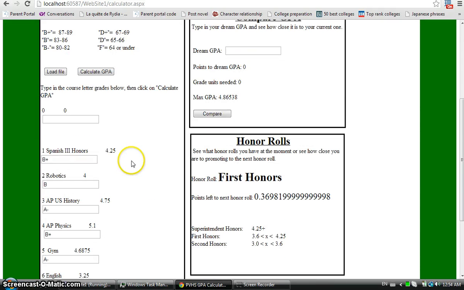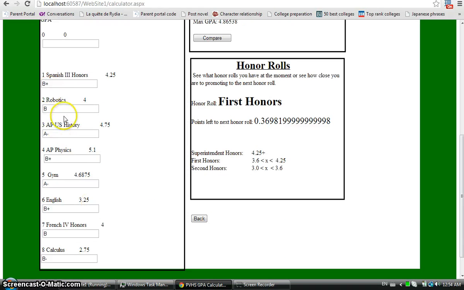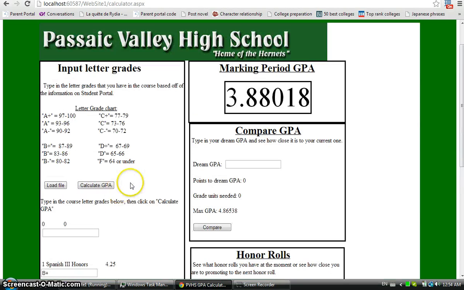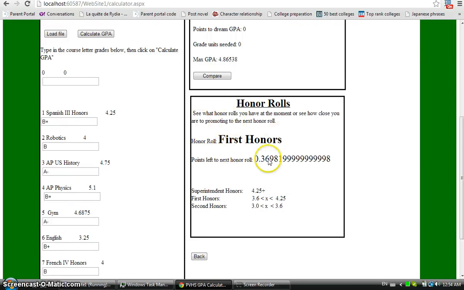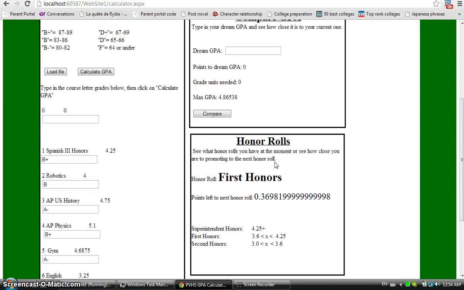Okay, so by typing in random information here, by typing your letter grade input, we get our multi-period GPA. And so far, we are at first honors, and we are 0.3698 points away from achieving superintendent honors.